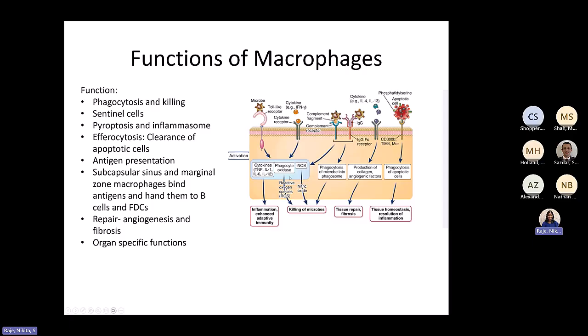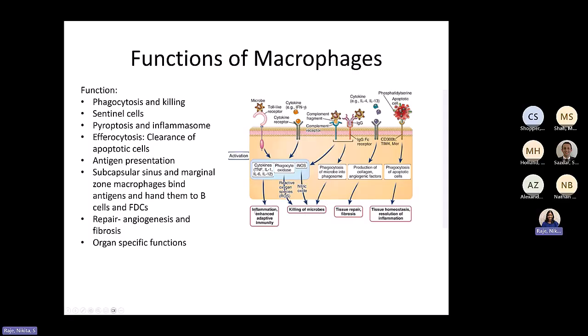The function through these molecules is in the form of, say, giving rise to inflammation, such as through the cytokines that are released from macrophages, or phagocytosis, which is a function of phagocyte oxidase and inducible nitric oxide, right? So that helps in the phagocytosis and killing.